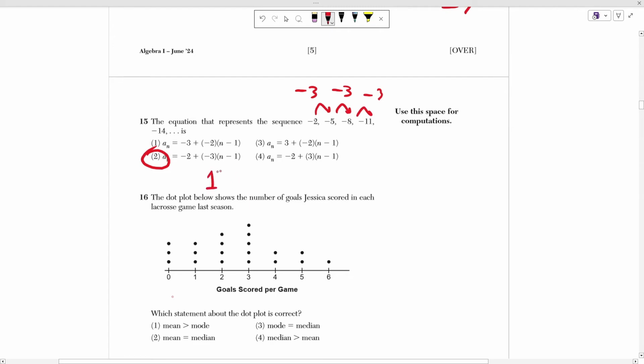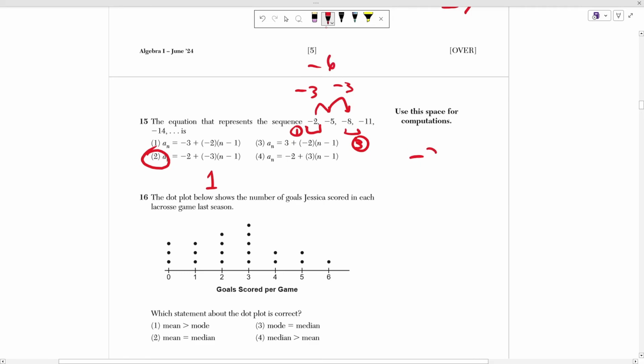In a sequence, right, you're starting from your first term, so term number 1, and then you're doing some action to it, okay? So you're starting from -2 and you're taking away 3, okay? That's how I get from the first term to the second term. But let's say that I wanted to go from the first term to the third term without having to know what the second term is. Well, I know that if I go from -2 to -5, I subtracted 3. And if I go from -5 to -8, I also subtract 3. So to go from the first to the third, I actually subtracted 6, okay?